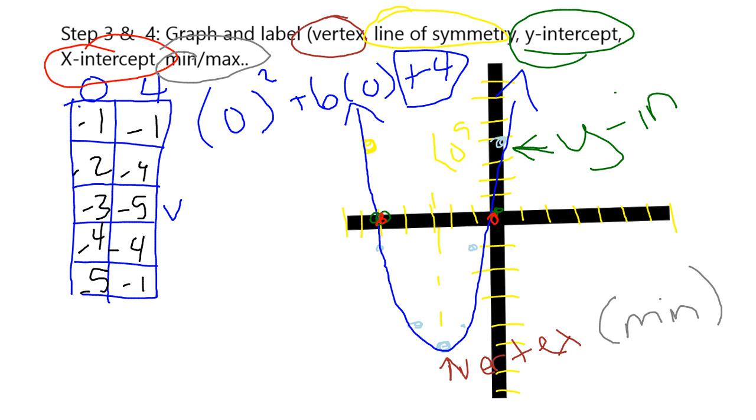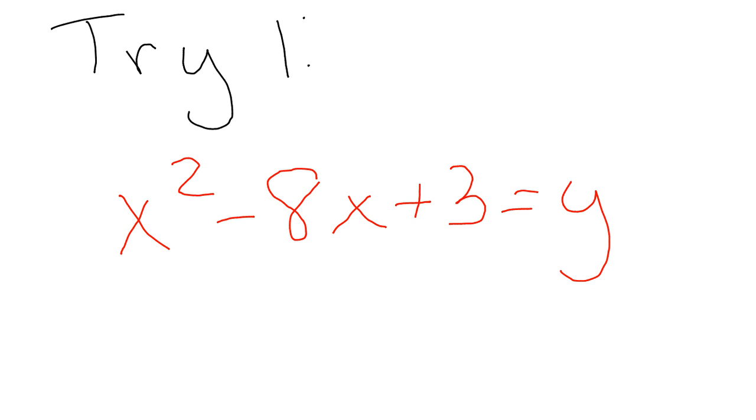In your notebooks, please tell me what vertex is, what line of symmetry is, what the y-intercepts are, what the x-intercept is, and what a minimum or maximum means. This way, when you look back at your vocabulary, you know what each thing means. Now I'd like you to try one.